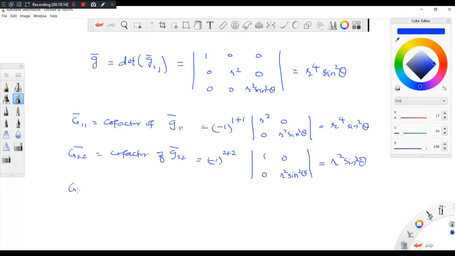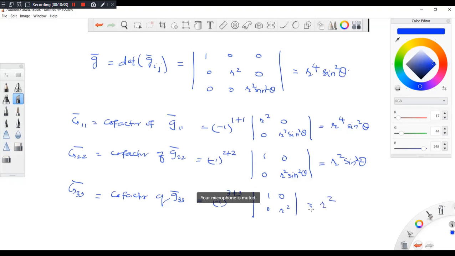And G33 bar, that is cofactor of G33 bar, small. So this is minus 1 raised to 3 plus 3 determinant, remove the last two. So 1 0 0 r square will come. So which is r square.